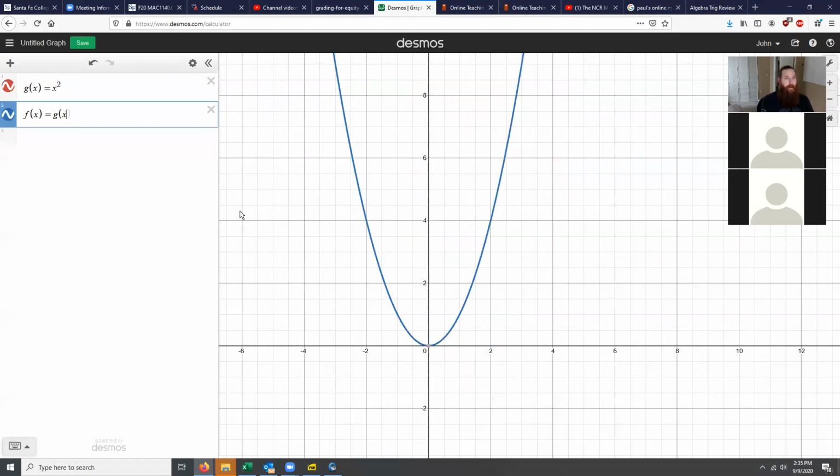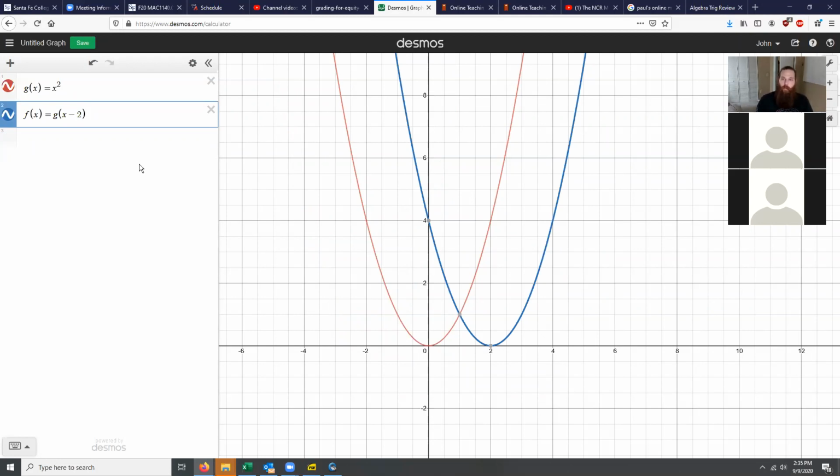If instead I added 2 on the inside, that will bring everything to the left by 2. So the red guy is the parent function, he stays where he is, and the blue guy is my transformed guy. If I add 2 on the inside, that brings me to the left. If I subtract 2 on the inside, that brings me to the right.